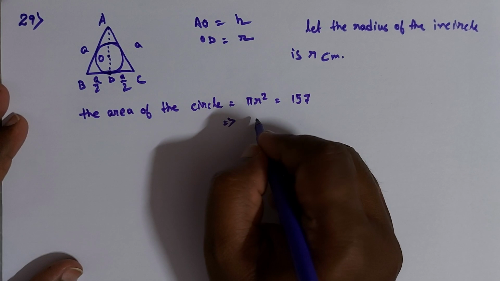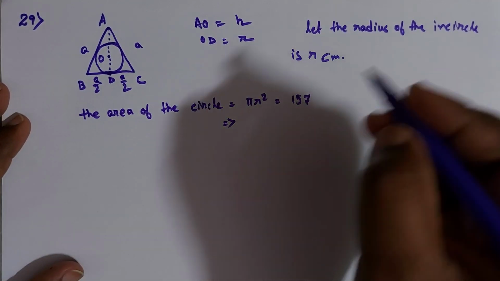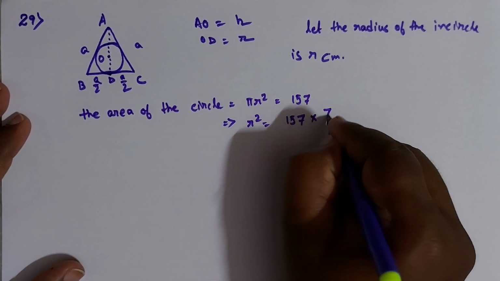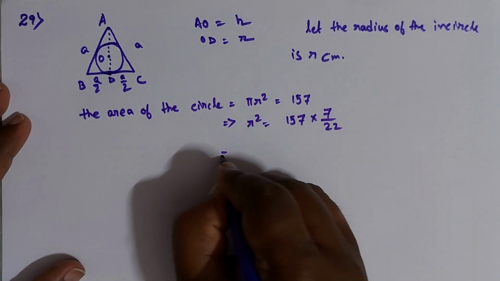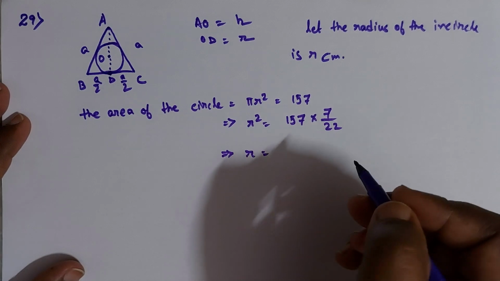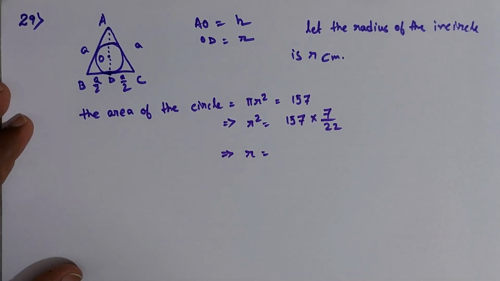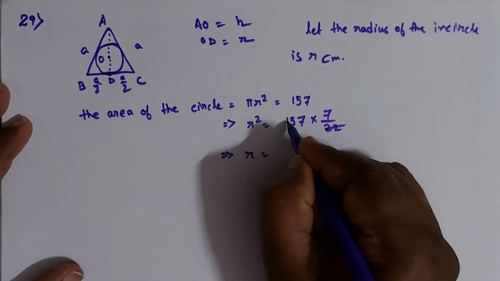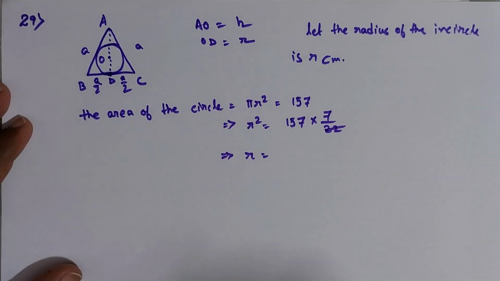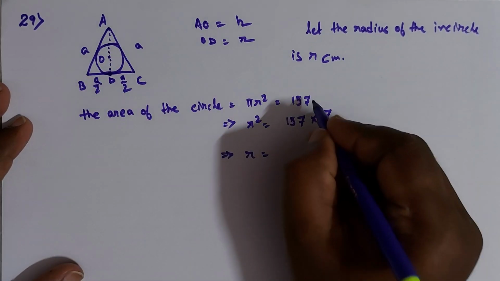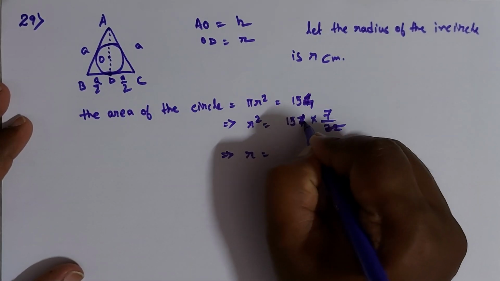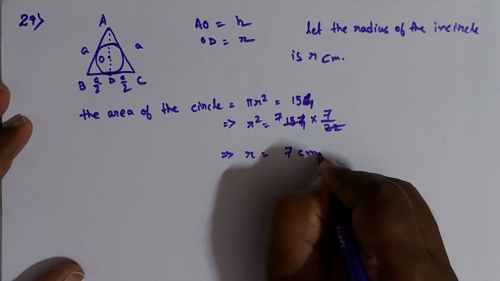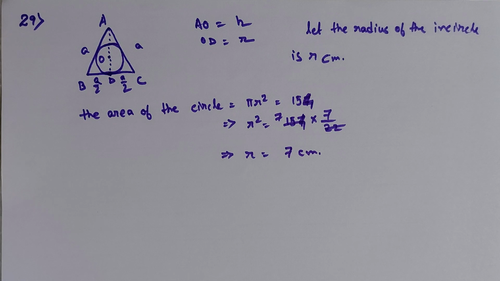So that means r square is equal to 154 into 7 by 22, so r will be equal to 7 centimeter. Okay.